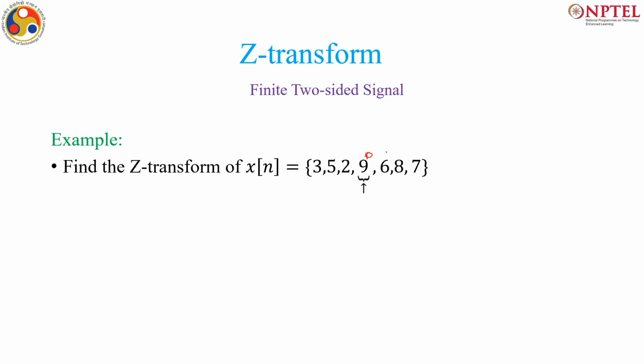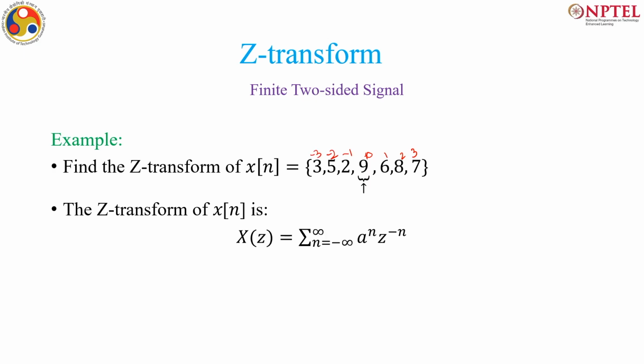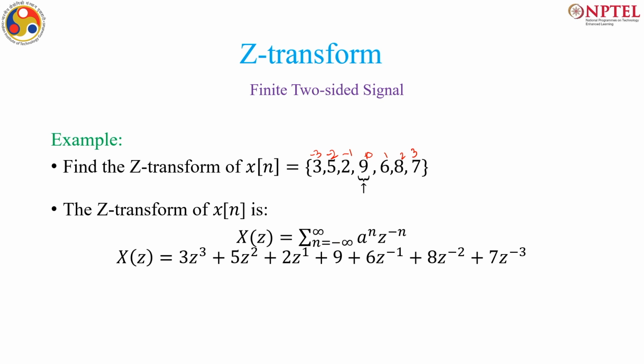So, this is my index 0, this is index 1, 2, 3, and these are indices minus 1, minus 2, minus 3. So, again I put in the formula, and since this is a two-sided signal, I am summing from negative infinity to positive infinity. I plug in the values because outside this range everything is 0.